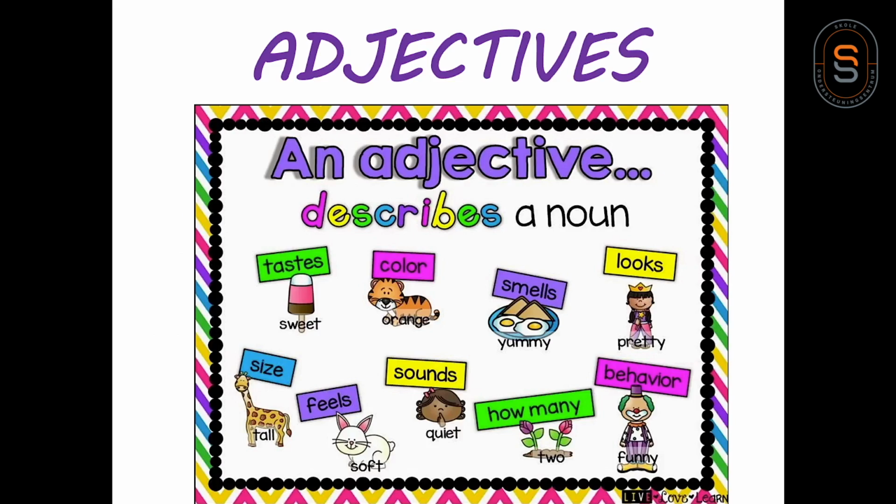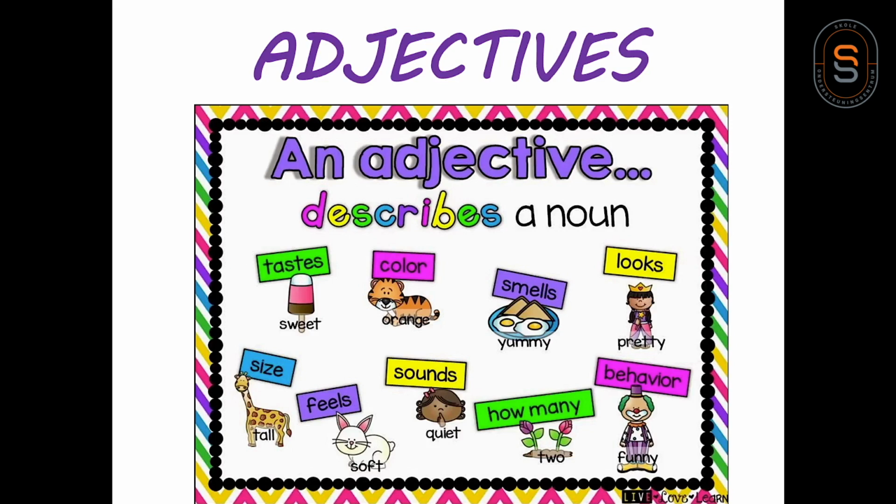An adjective. An adjective describes a noun. Don't get confused between a pronoun and an adjective. A pronoun stands in the place of the noun. An adjective describes a noun. If I have the sentence, the red flower.